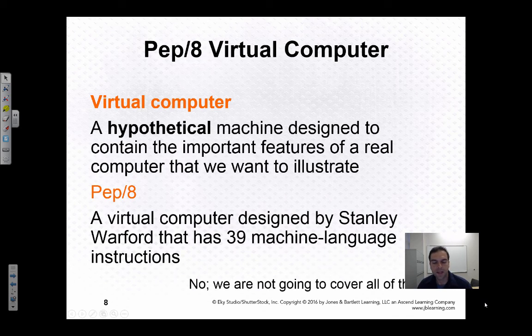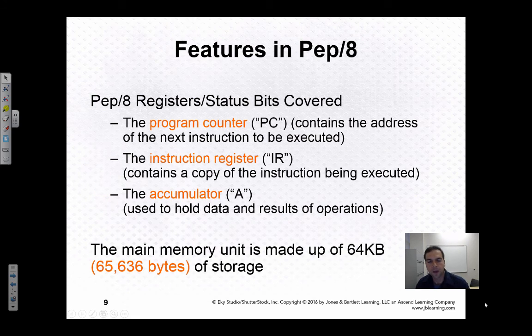Okay, so this processor takes 39 special combinations of bits that it interprets as instructions. The PEP8 processor has registers, which are very fast storage, easy to read and write for data. Generally your data might be in memory, and memory is a huge store of addressable data.